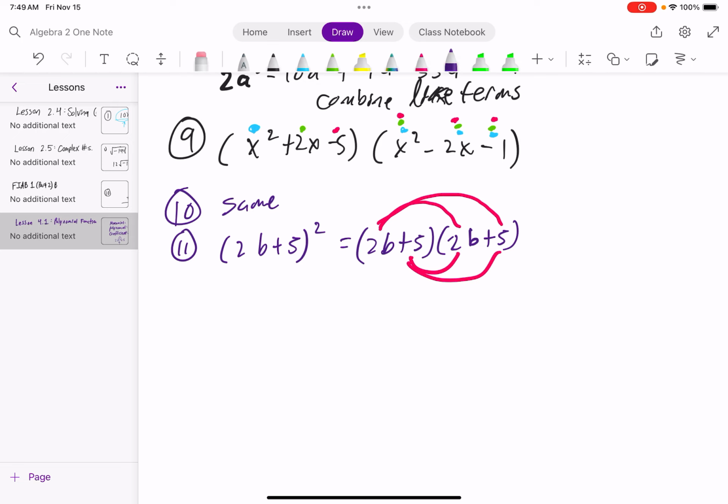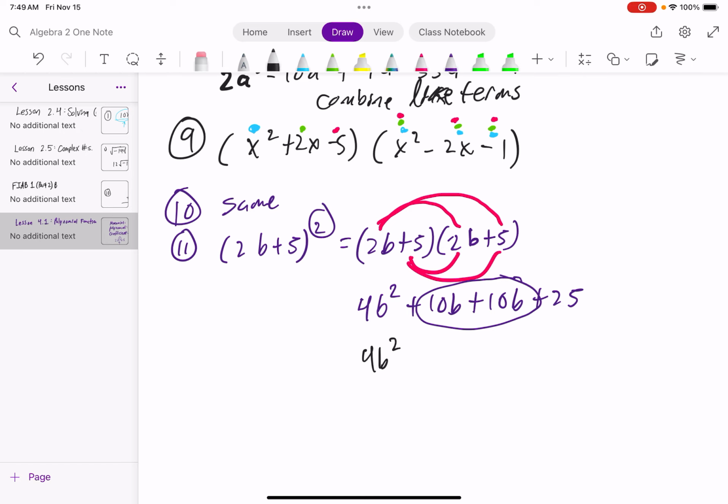So again, this will be 2b times 2b, 4b squared, 2b times 5, 10b, 5 times 2b, 10b, and 5 times 5. Notice this. They're the same. This is because it's squared. They're the same thing, so it's going to be the same all the time for the inside. So it's going to be 4b squared plus 20b plus 25.